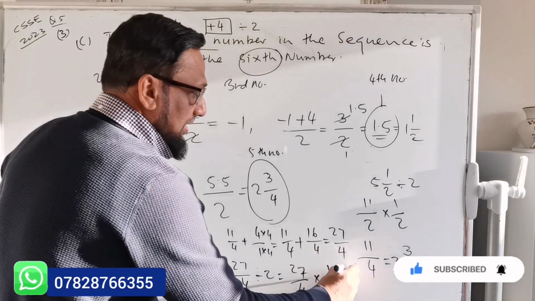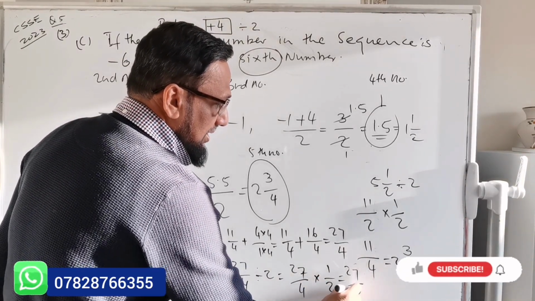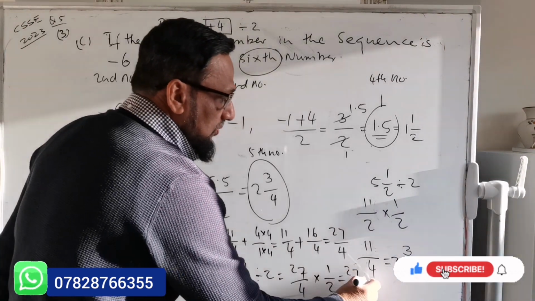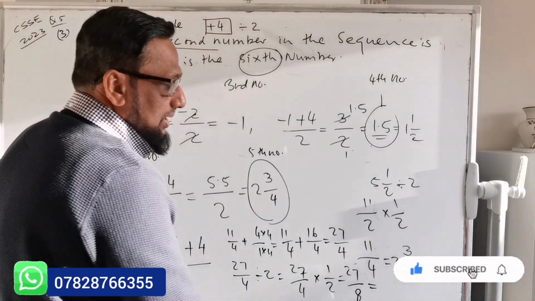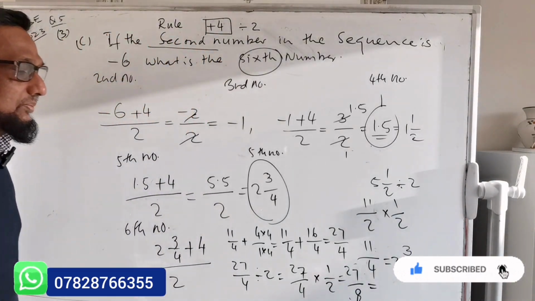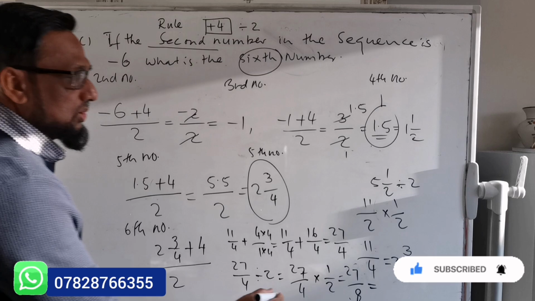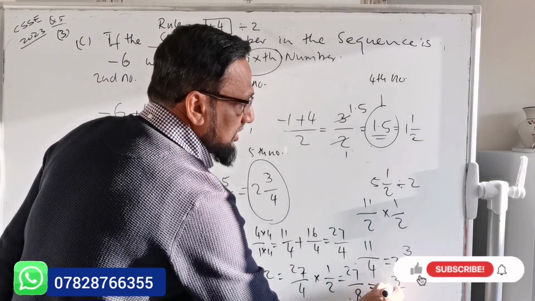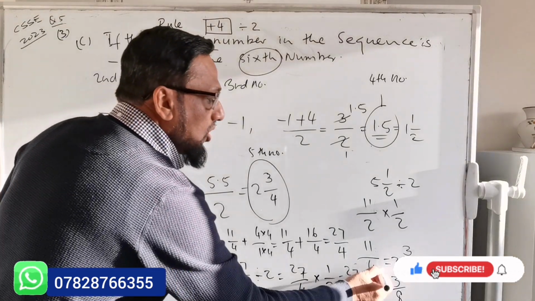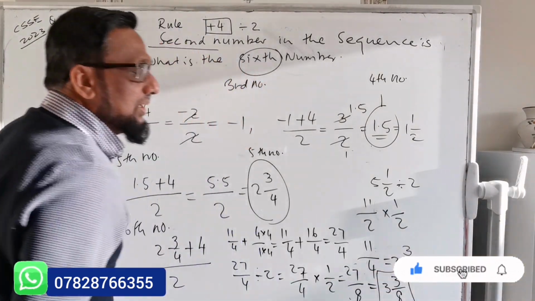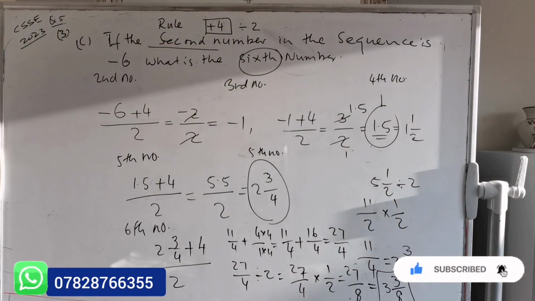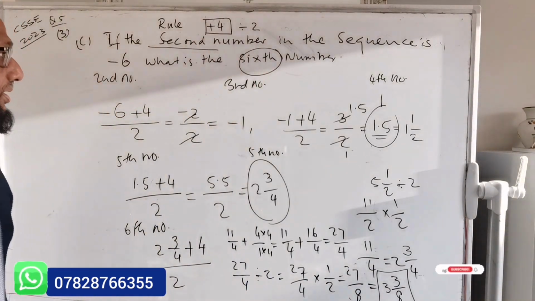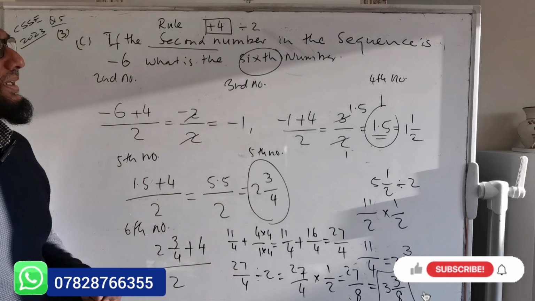So 27 divided by 8, and we need to convert to a mixed number. 8 times 3 is 24, and the remainder is 3. So your sixth number in the sequence will be 3 and 3 over 8. So this is part C.